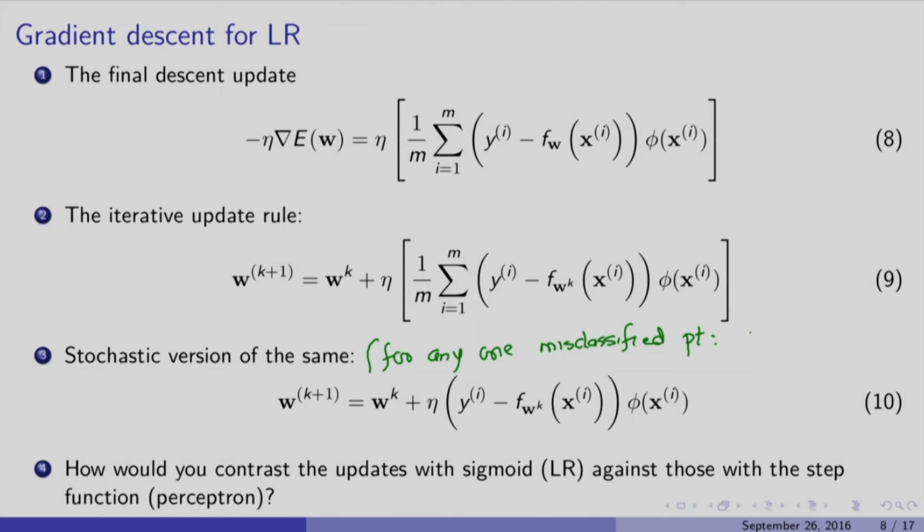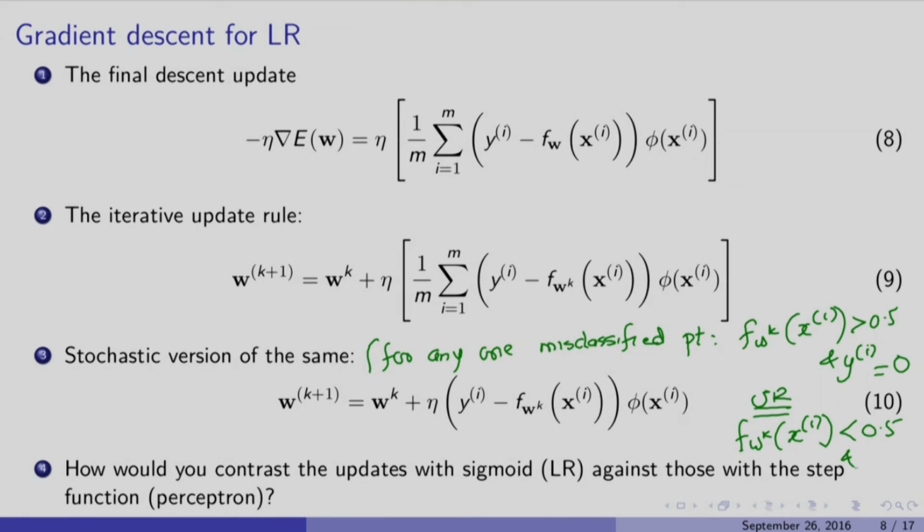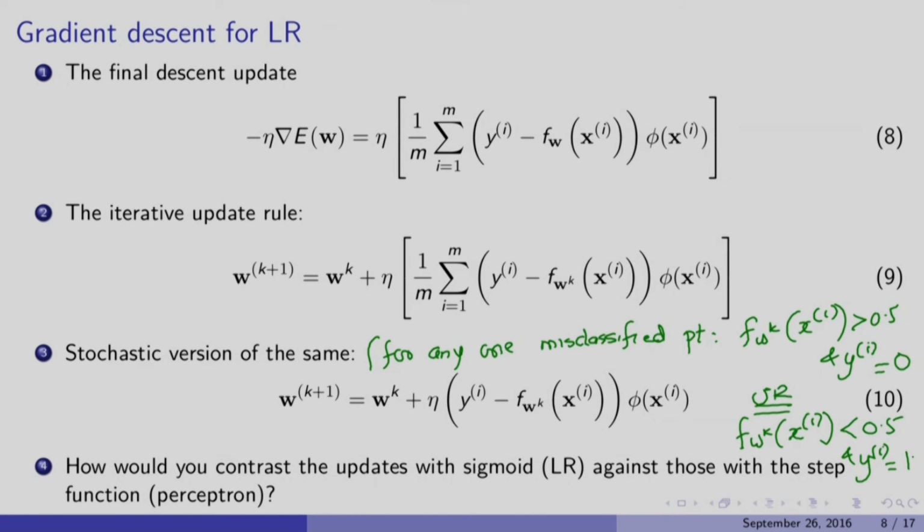We mean that f_wk(x_i) is greater than 0.5 whereas y_i is less than 1, which means y is 0, or f_wk(x_i) is less than 0.5 and y_i equals 1. How do you contrast the update above with the earlier step function or perceptron update?